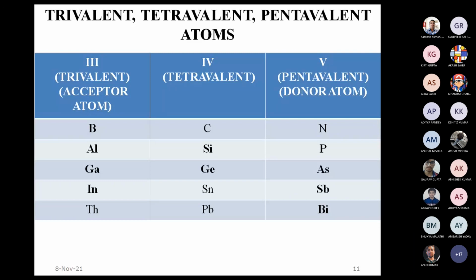So if we look at the periodic table, the tetravalent elements, that is in the fourth group, carbon, silicon, germanium, tin, and lead, are the elements which mainly form the semiconductor.